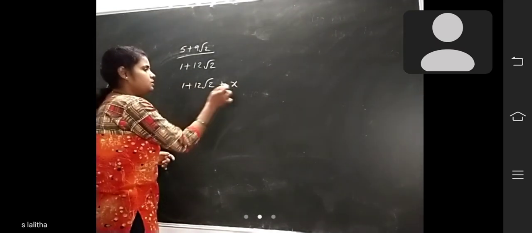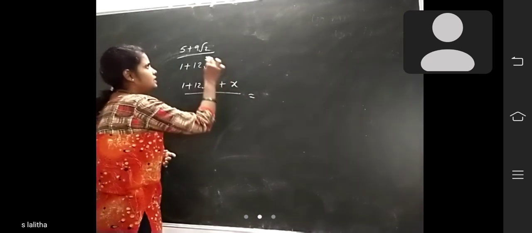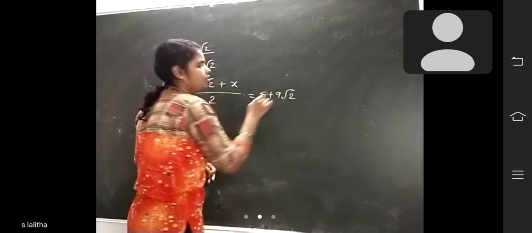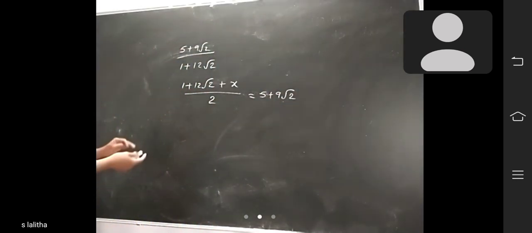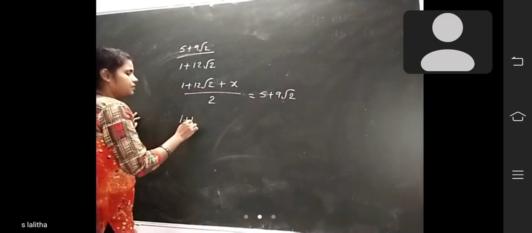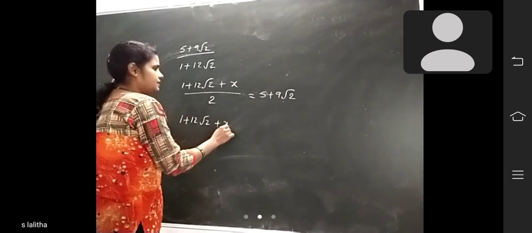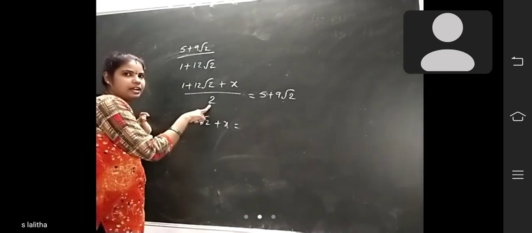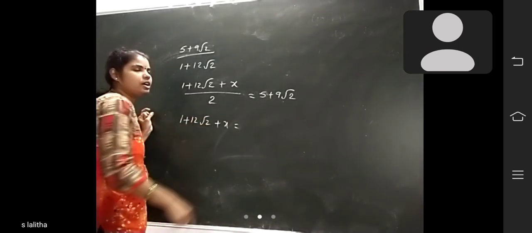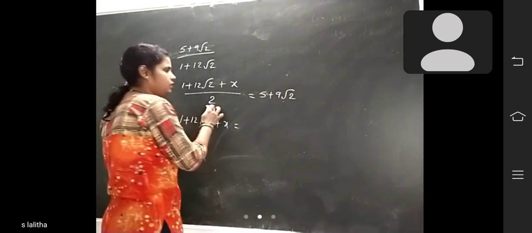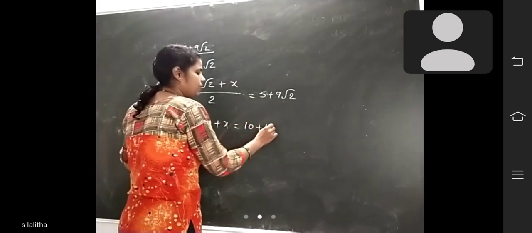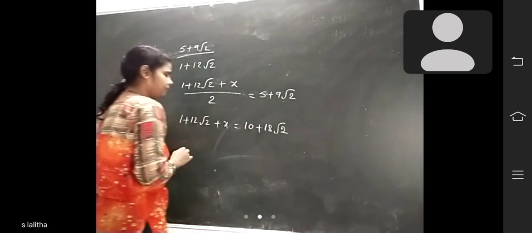So a plus b by 2 is equal to 5 plus 9 root 2. So 1 plus 12 root 2 plus x, and here 2 is divided. If you transpose it here, what will it become? Multiplication. 2 fives are 10, 2 nines are 18 root 2.